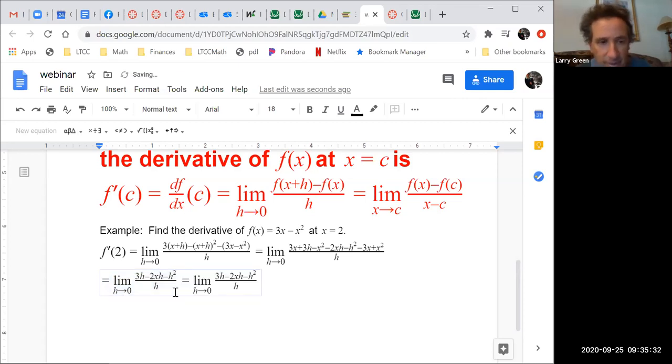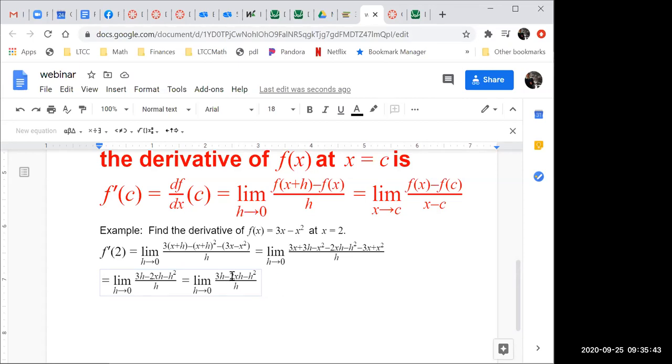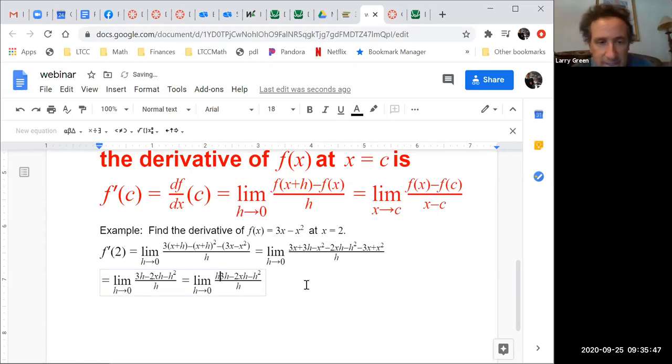All right, what can I do with that numerator? Here's the hint. There's something in common in all the terms. Take the h out. Yeah, I can factor the h out, and I can write it as h times parentheses 3 minus 2x minus h.